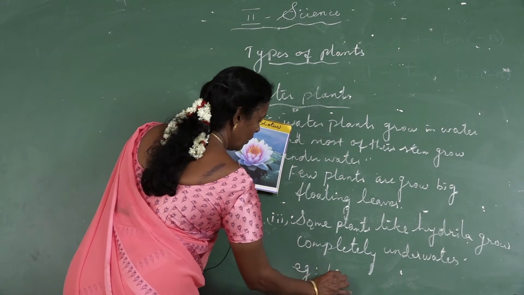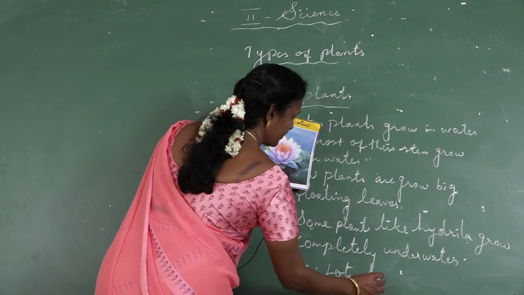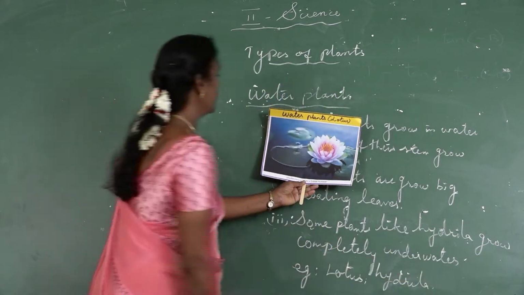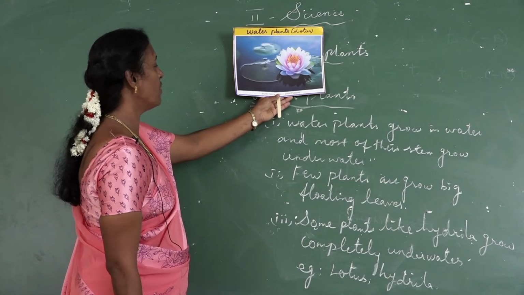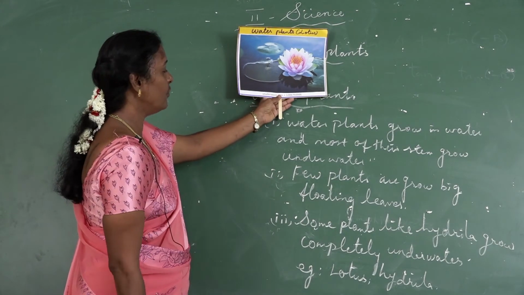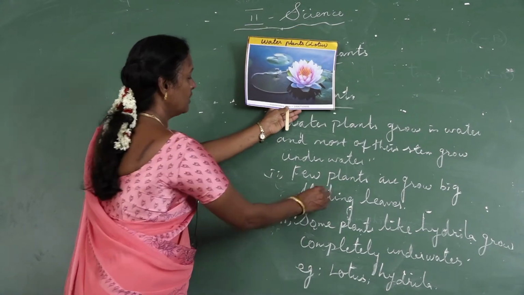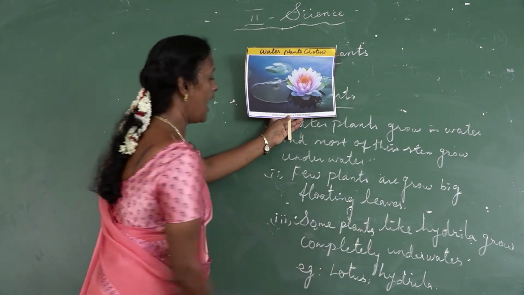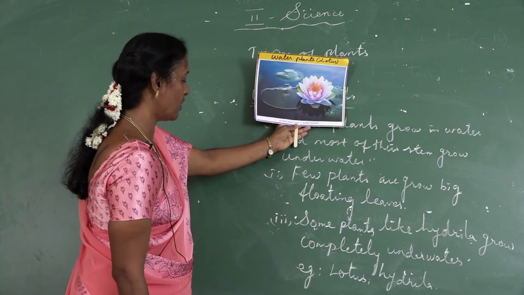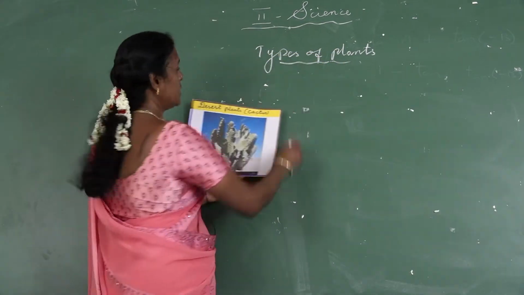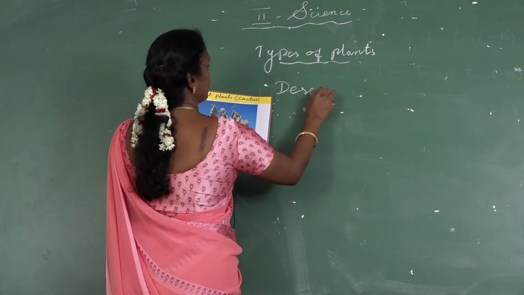Example: lotus, hydrilla. See, water plants grow in water and most of the stem grows underwater. A few plants grow big floating leaves. Some plants like hydrilla grow completely underwater. Example: lotus, hydrilla. Next we will go to the desert plant.